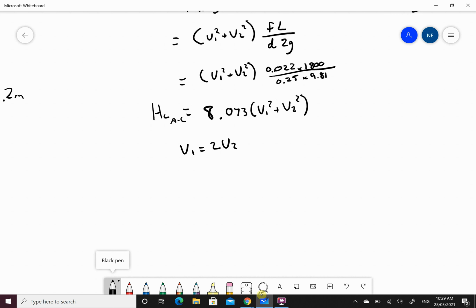If I sub back into this equation, what I end up with is HL from A to C equal to 8.073 times V1 squared, which is 2 V2, sub it back in. Obviously both of them are squared.